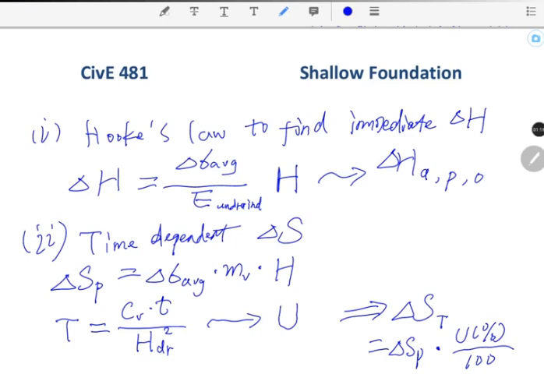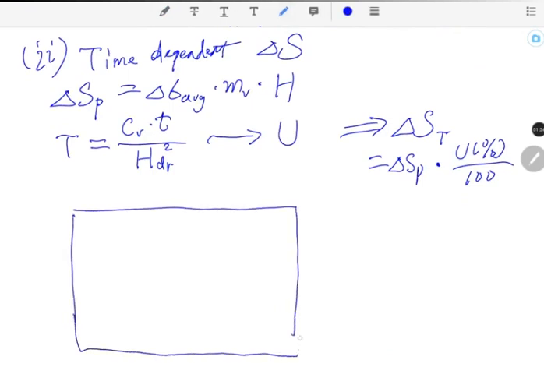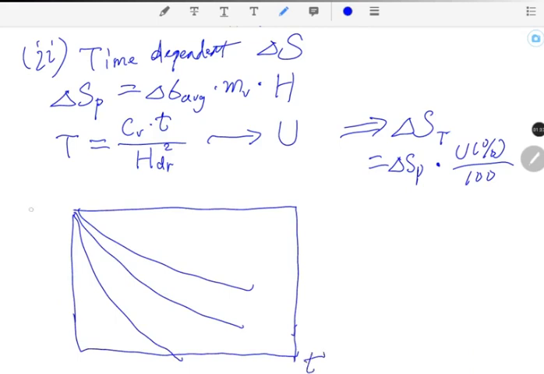Then you can draw a chart which shows the time-dependent settlement for 3 points, say point A, point O, point P. These three curves sketched here don't necessarily show the real relative position of the three curves you're going to get.